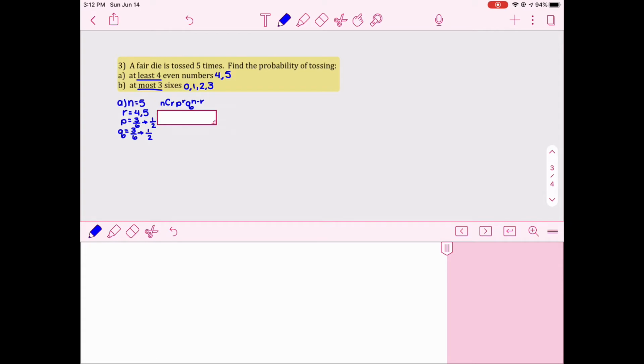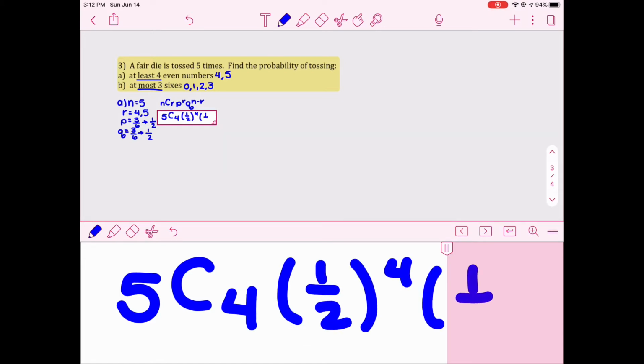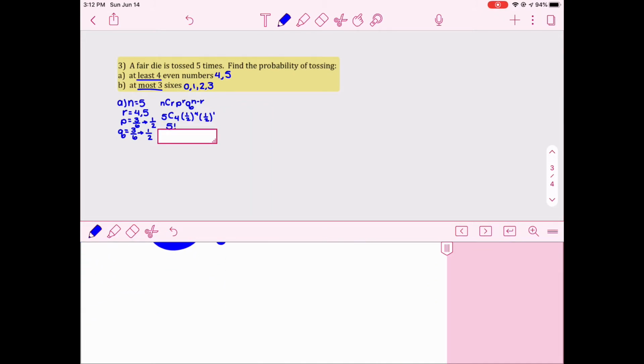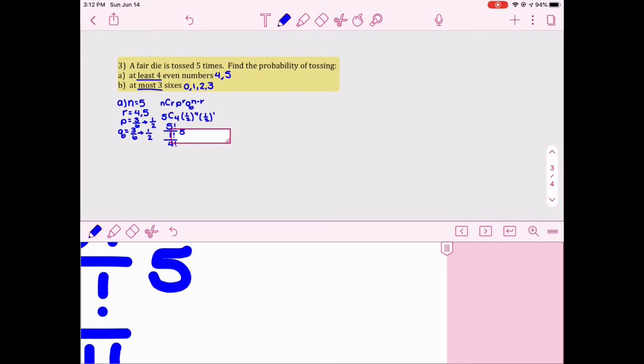We'll plug in the first set of numbers we have. So 5C4, 1/2 to the 4th, and then 1/2 to the 1. There's a feature on the calculator that could do this for you, but for this one, I'll be writing all of it out for you.